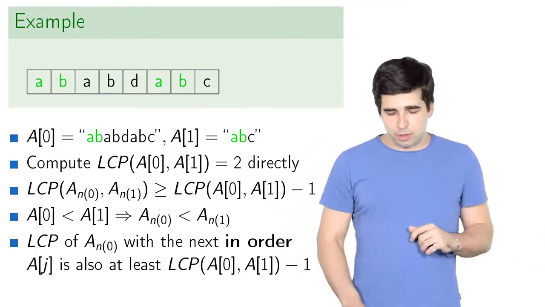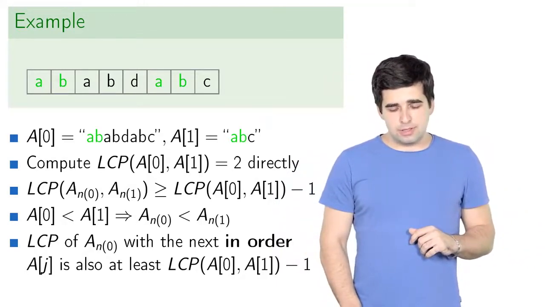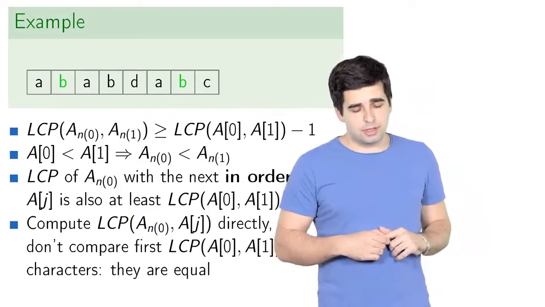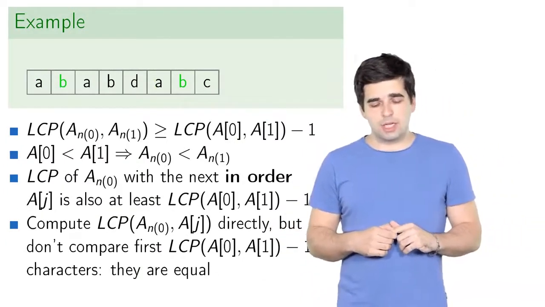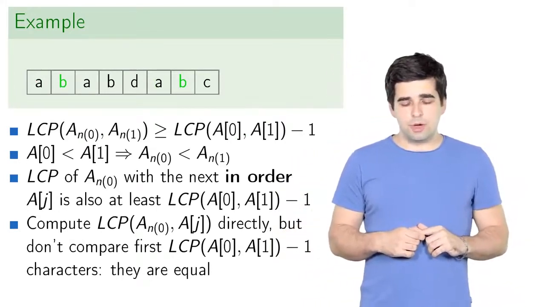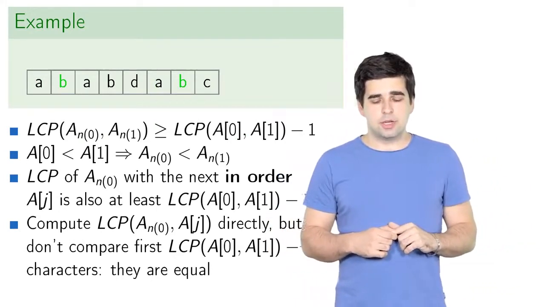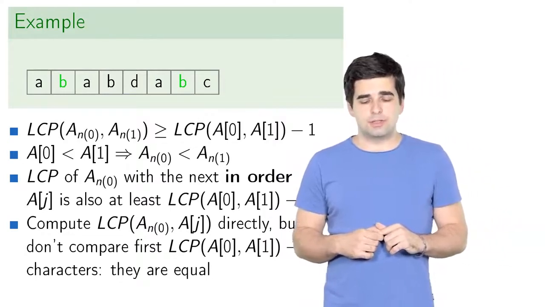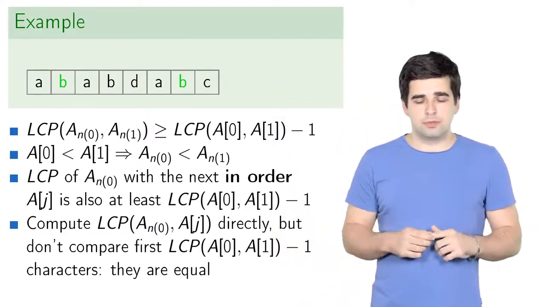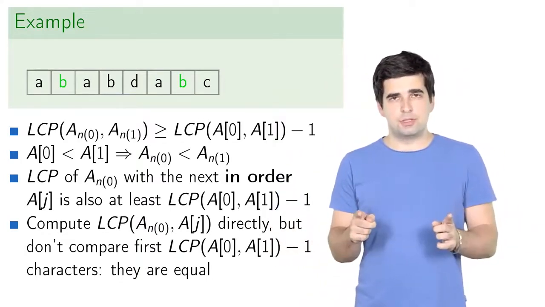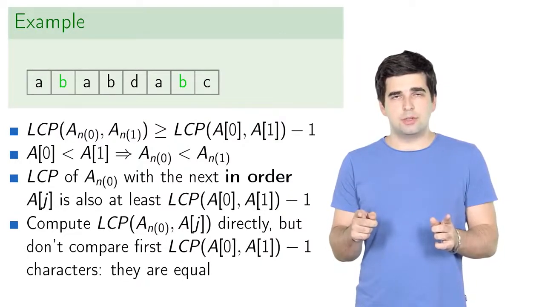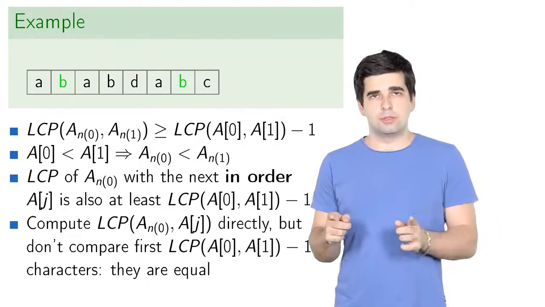And then we will know that if we move to the next two suffixes in the string, to the next one after A_0 and the next one after A_1, those will both start with the letter B. So the length of the common prefix decreased by at most 1, because both suffixes just moved one position to the right, and we cut away only one position of the longest common prefix.